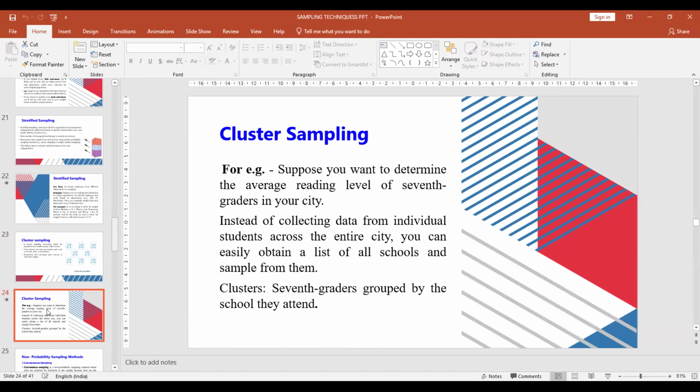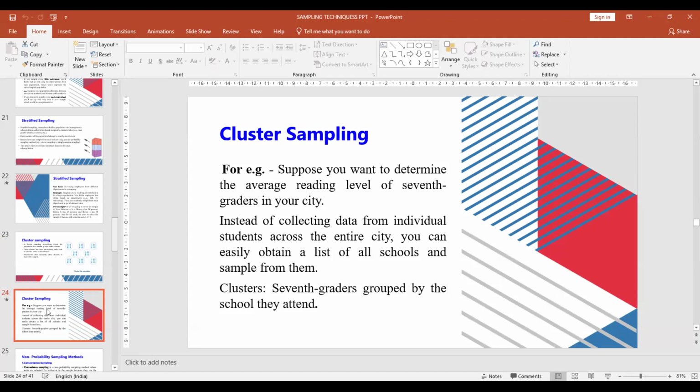In this example, suppose you want to determine the average reading level of seventh graders in your city. Instead of collecting data from individual students across the entire city, which maybe is not possible, you can easily obtain a list of all schools and sample from them. So clusters are seventh graders grouped by the school they attend. This is called cluster sampling.